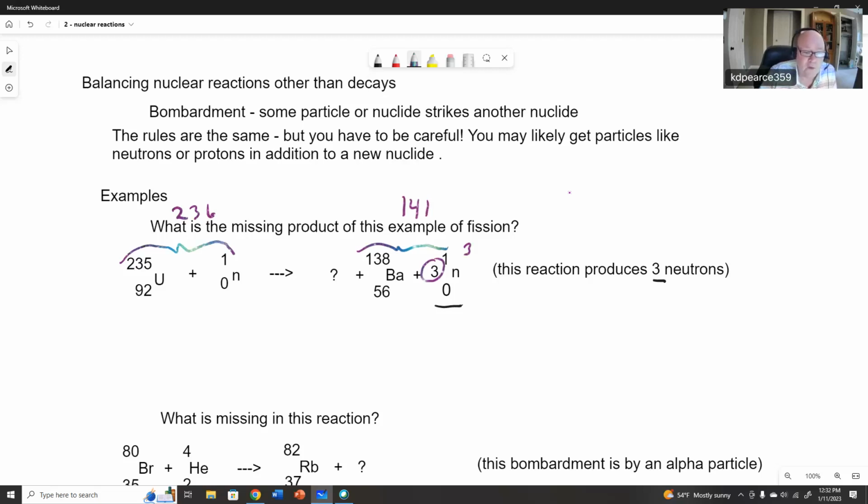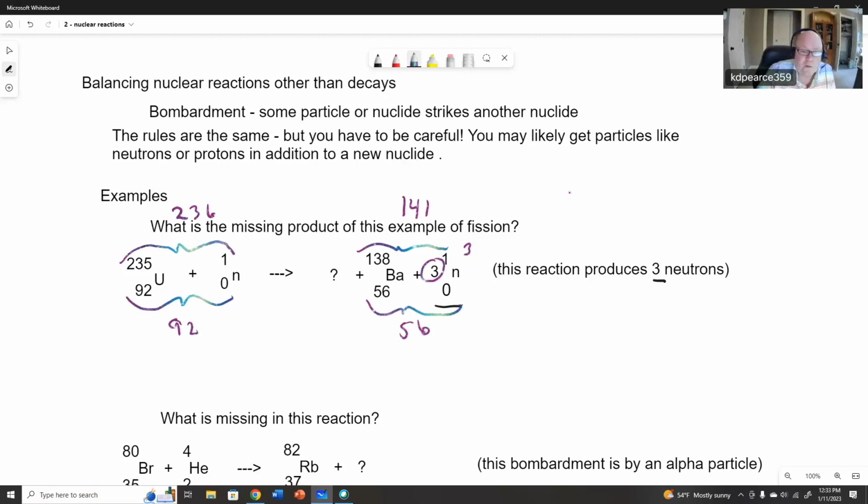Now the left-hand side, since we're dealing with neutrons, is super easy. 92 plus 0, well, that's 92. And 56 plus 0, that's 56. All right, so now we're back to exactly the same sort of situation we had on the previous slide, which is what plus 141 gives me 236, and that would be 95.